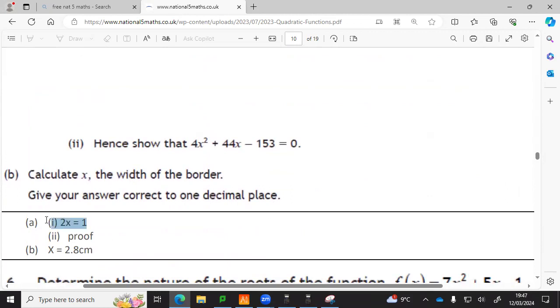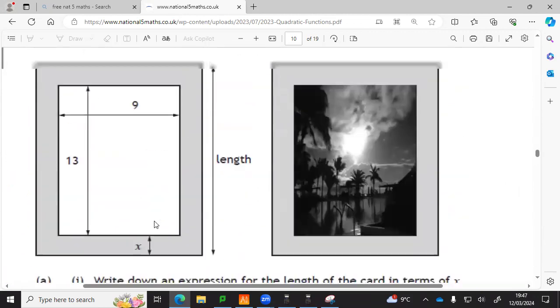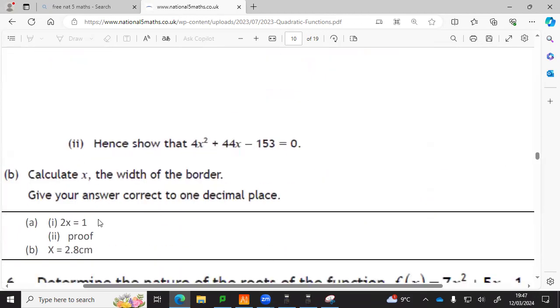I don't know what that means. I think that's just a misprint. 2x equals 1 is gibberish. I don't understand what it means.